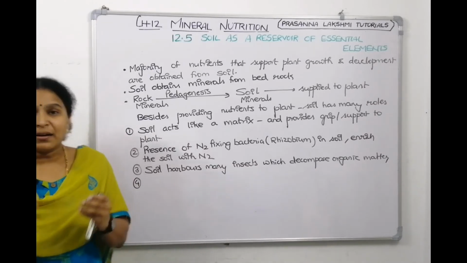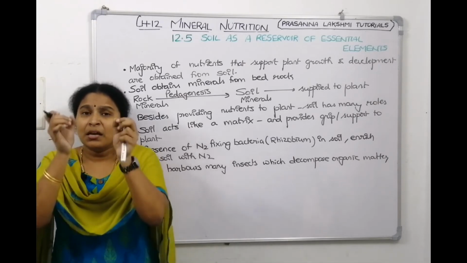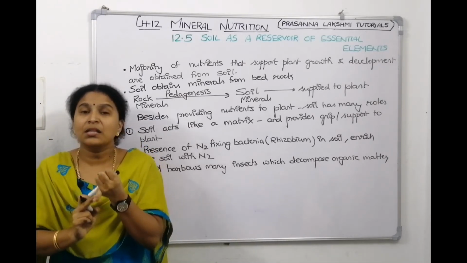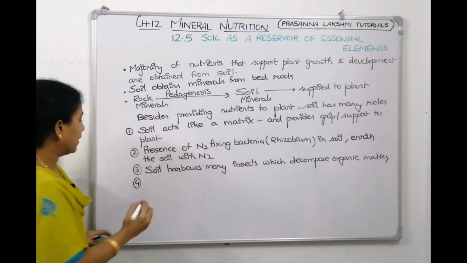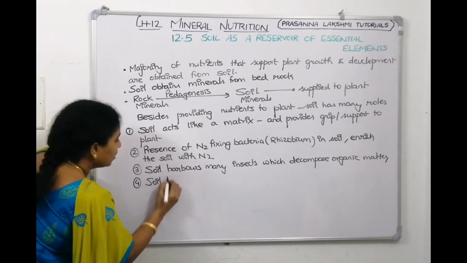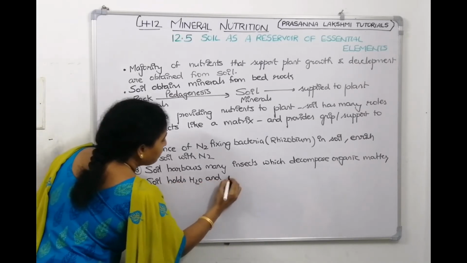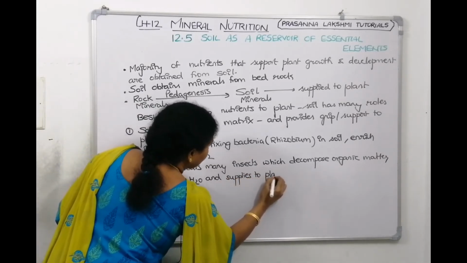And soil grains will be there, right? In between those grains, capillarity will be there. In that capillarity, soil can hold water, and that water the soil will supply to the plant. So soil holds water and supplies it to the plant.